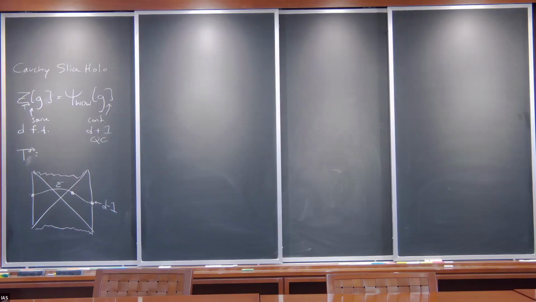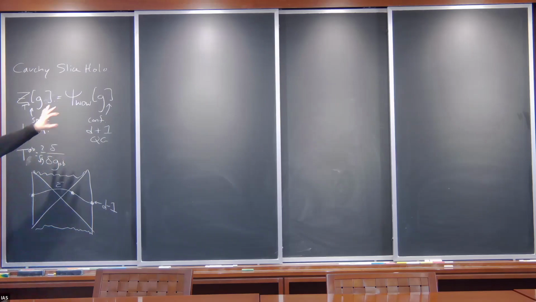Okay, and the theory on sigma, what is the quantum theory on sigma? It's a quantum theory on sigma, where you regard its metric as a fixed source. That's right. So even though the source is fixed, you can differentiate with respect to it, and that is what gets you the stress tensor of the theory.